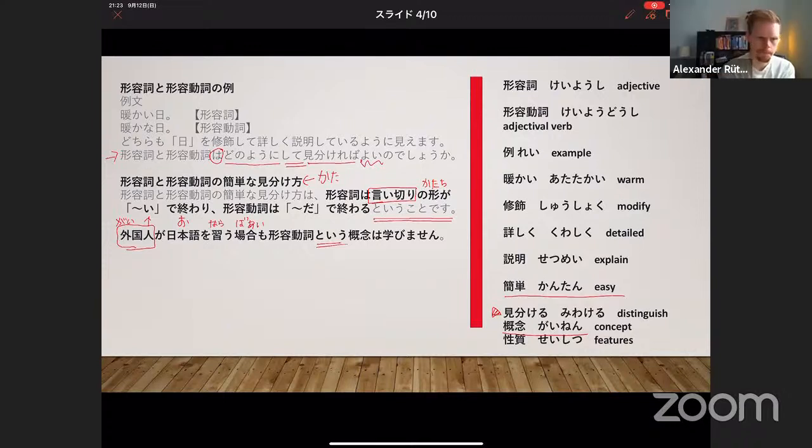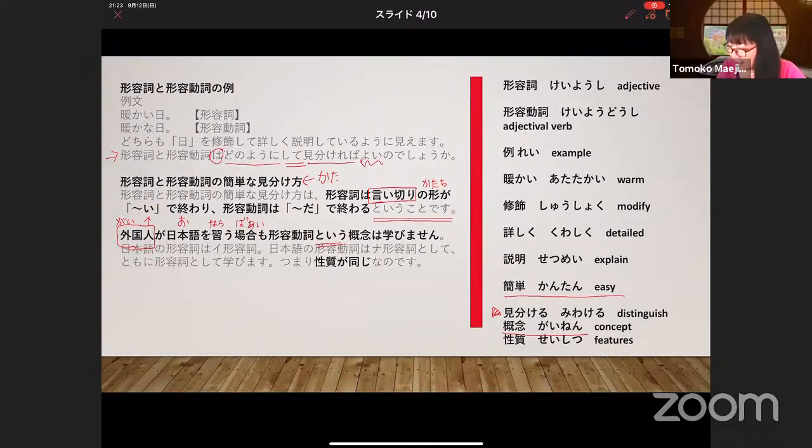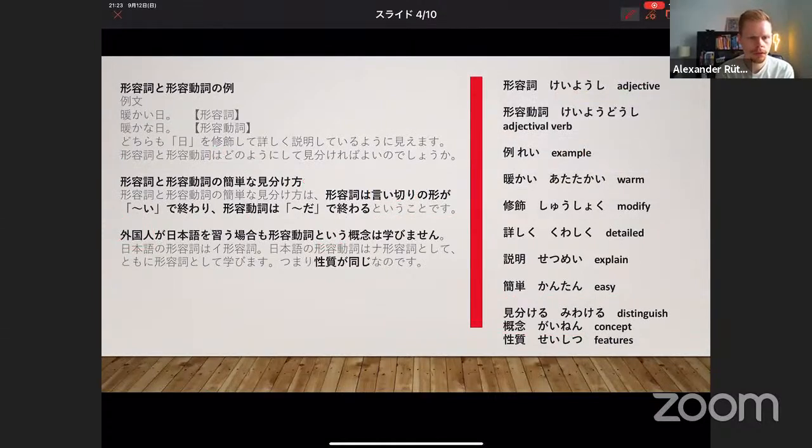Adjective or verb. Why? Then, so how do you learn them? 日本語の形容詞は, that's katakana. い形容詞.